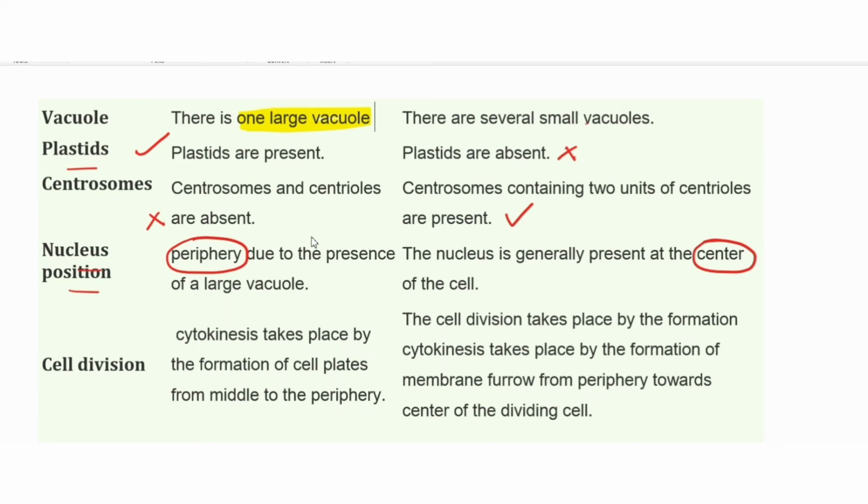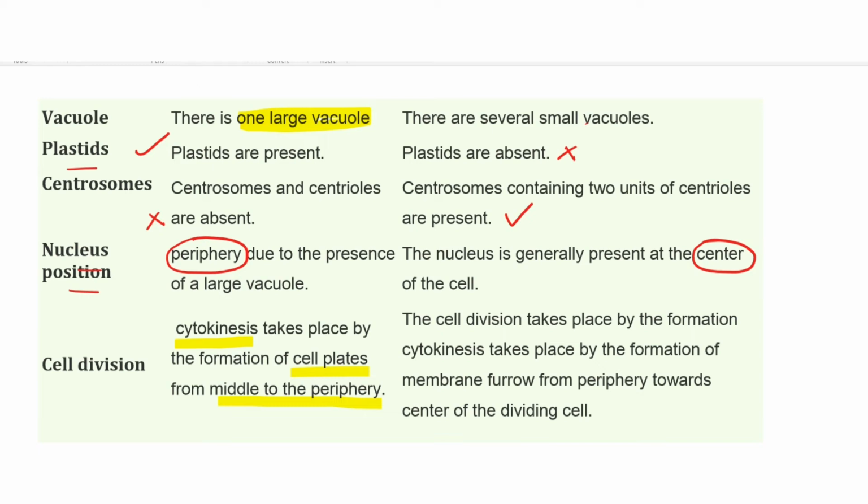In plant cells, cytokinesis, that is division of the cytoplasm, occurs by cell plate formation from the middle, that is from the center, to the periphery. So it's away from the center, so it is centrifugal in nature, we say.